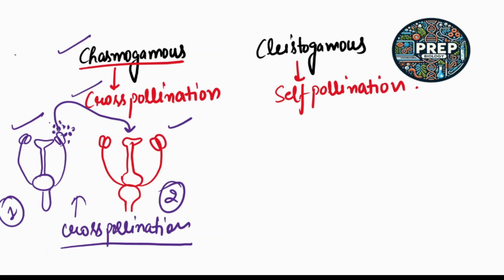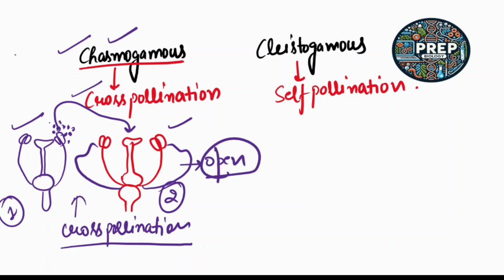So if the question arises, why in case of the chasmogamous flower does cross pollination occur? Because we have already discussed that the reproductive organs are exposed in nature, the flowers are open in nature. That's why the chances of cross pollination arise. Okay, that's why cross pollination occurs in the chasmogamous flower.